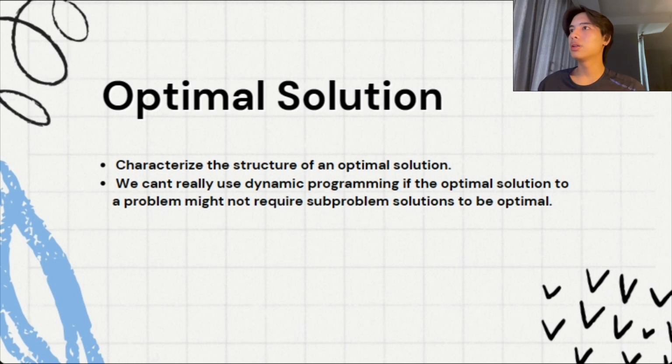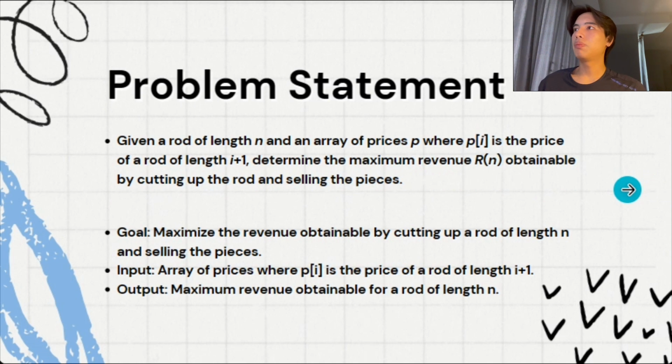So next is the sub-problem statement. Here we have a lot of length n and an array of prices p, where p[i] is the price of a lot of length i plus 1. Determine the maximum revenue R(n) obtainable by cutting up the lot and selling the pieces.